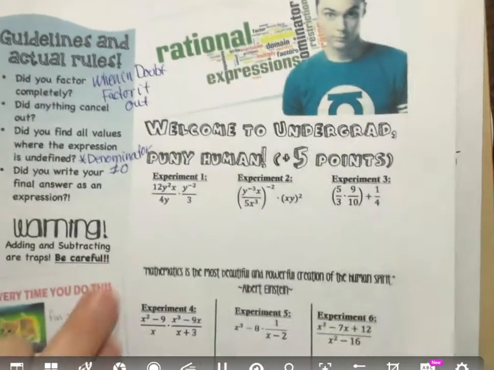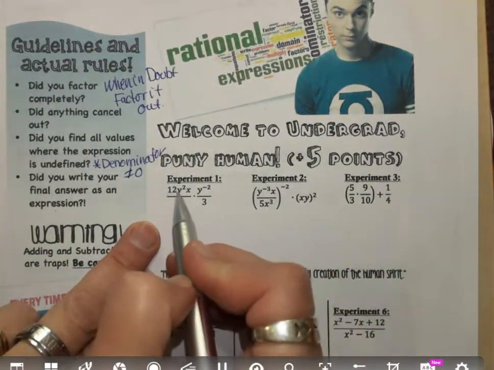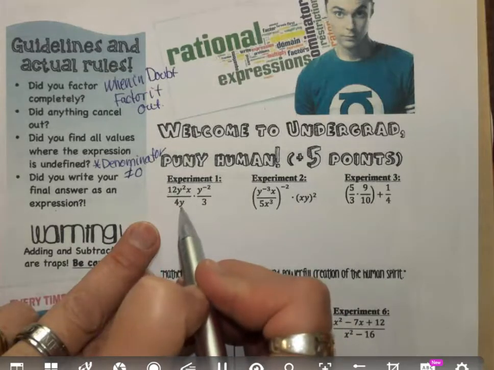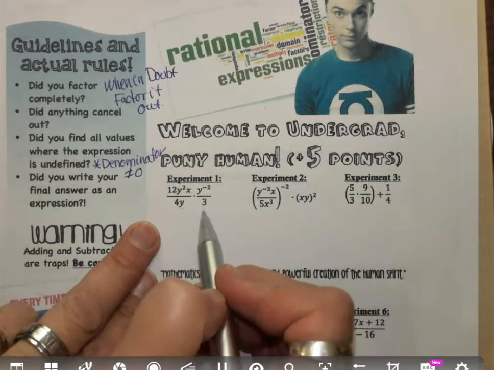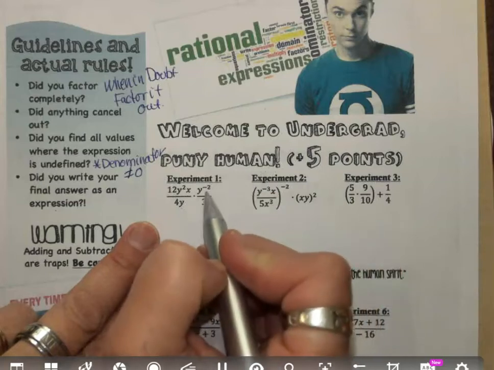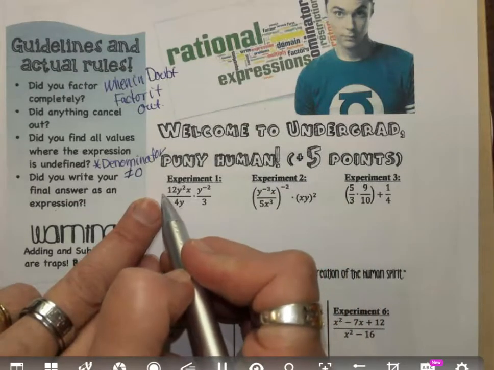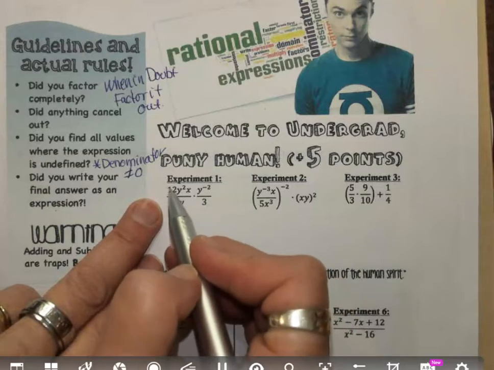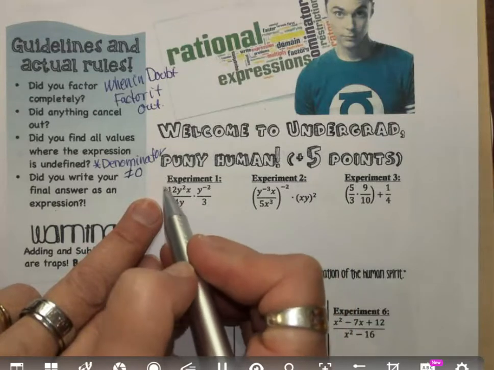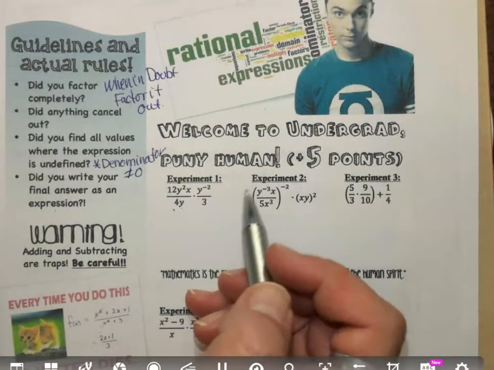We're going to start with example number 1 here. We have 12y squared times x over 4y, and we're multiplying. Remember, we can cross cancel. And remember our exponent rules. If we can't cross cancel or cancel a numerator and a denominator, then we're just going to simply multiply straight across.